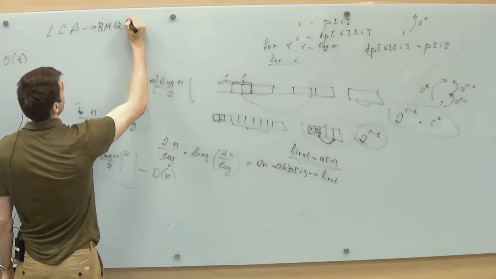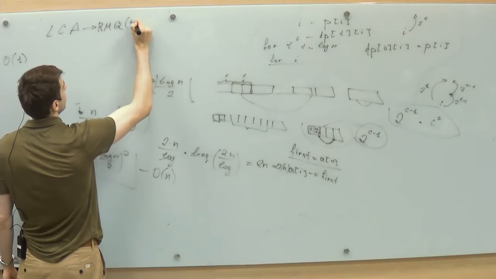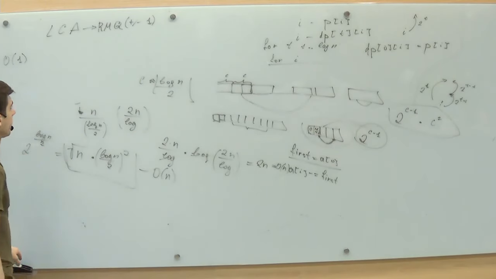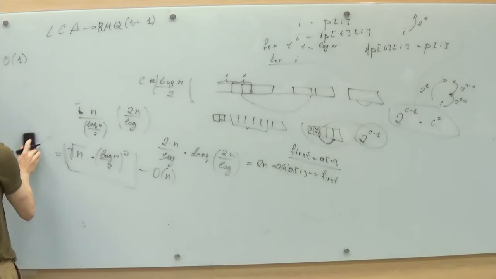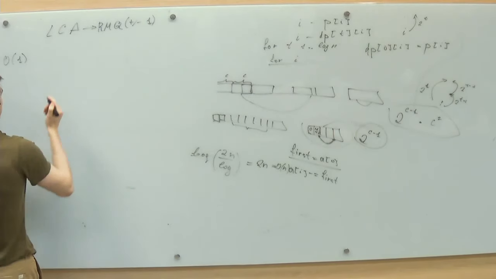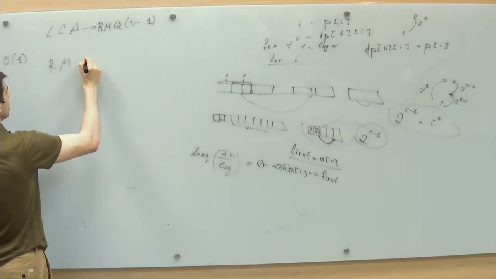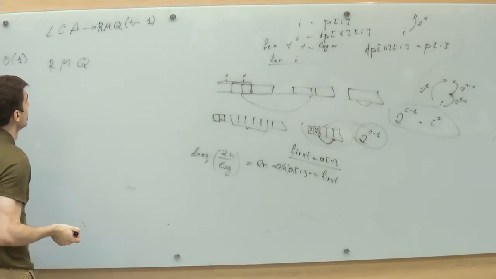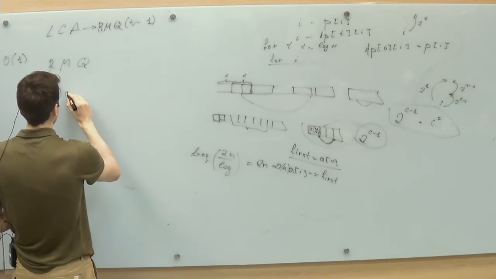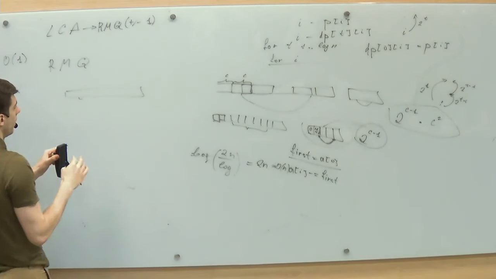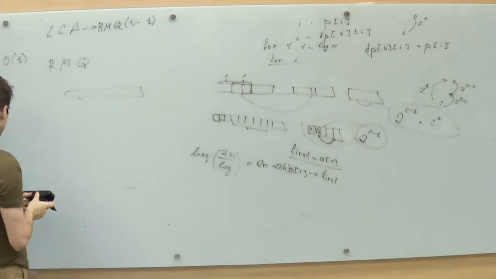But actually not RMQ, but let's say plus minus 1. So it's just some case of the RMQ problem. And the interesting part is that if you take the problem RMQ itself, you have an array and you want to find the minimum element for the query.